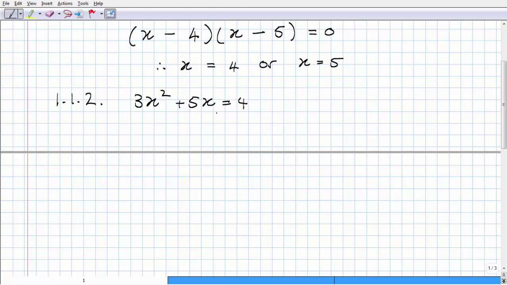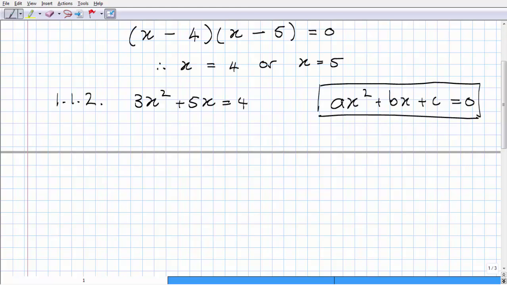We first have to get this into standard form. The standard form is ax squared plus bx plus c equals 0. So let's note that, and that gives us 3x squared plus 5x minus 4 equals 0. We take the 4 across, subtracting 4 from both sides, whichever way you want to think of it.